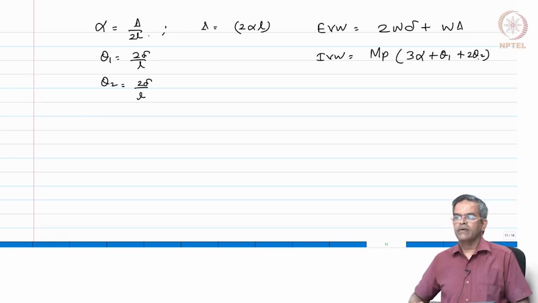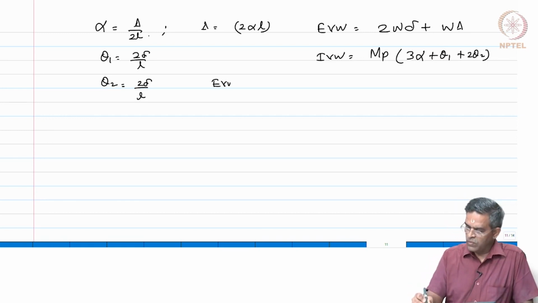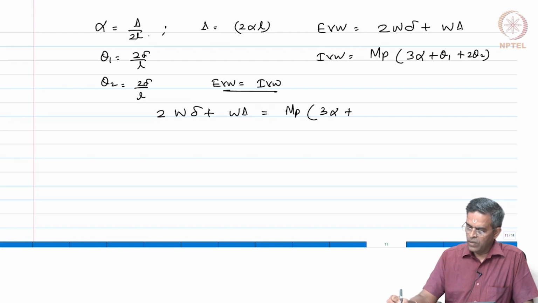Let us substitute them back. We will equate external virtual work to internal virtual work. So, 2 W del plus W delta should be MP times of 3 alpha plus theta 1 plus 2 theta 2.